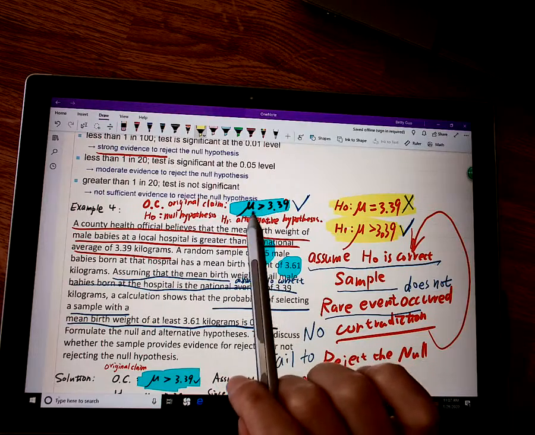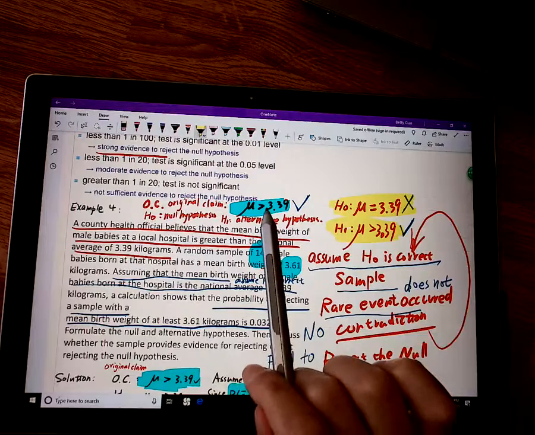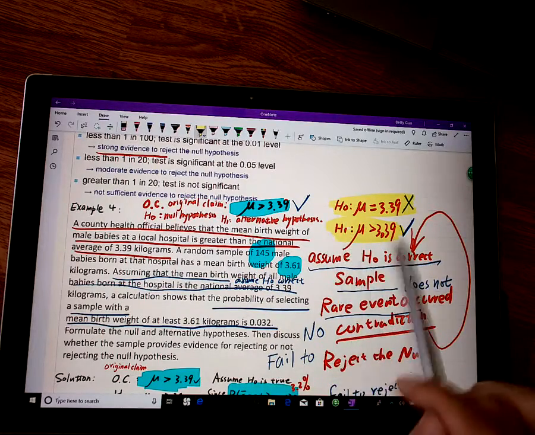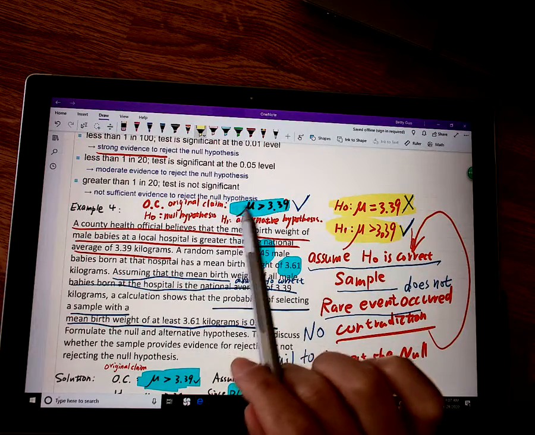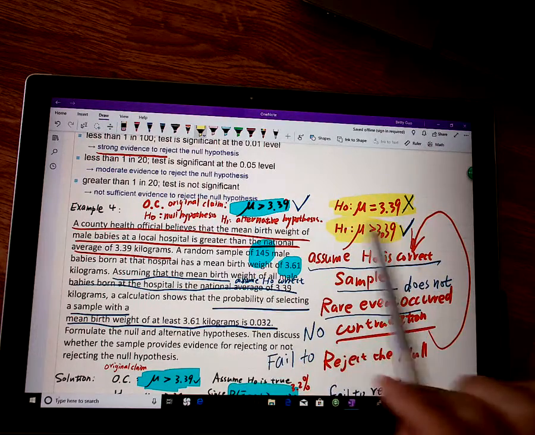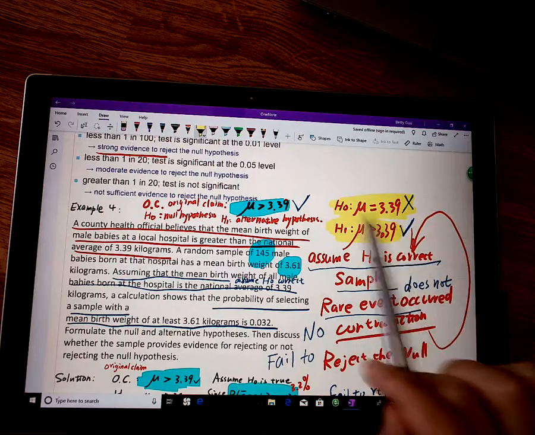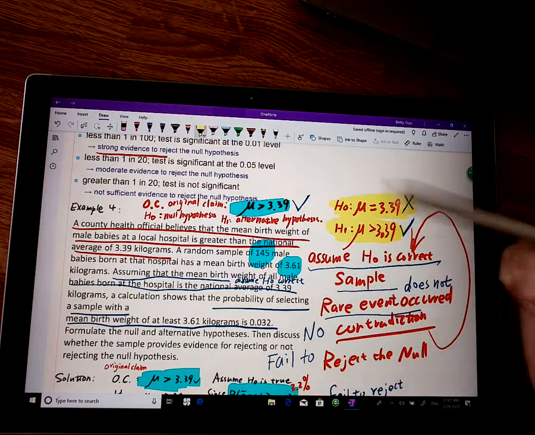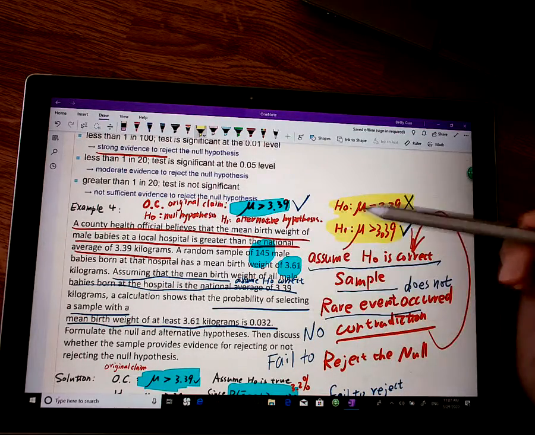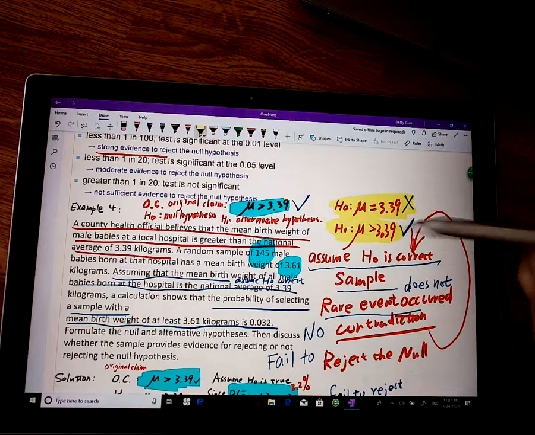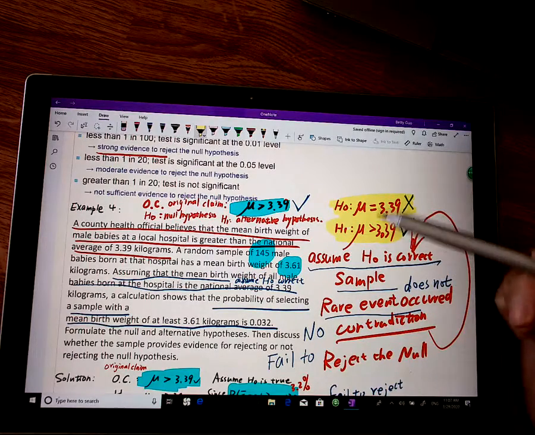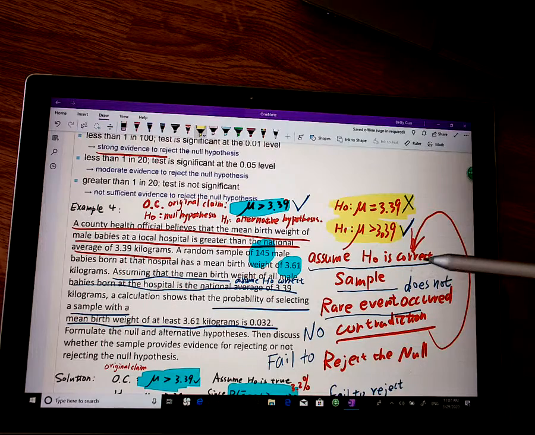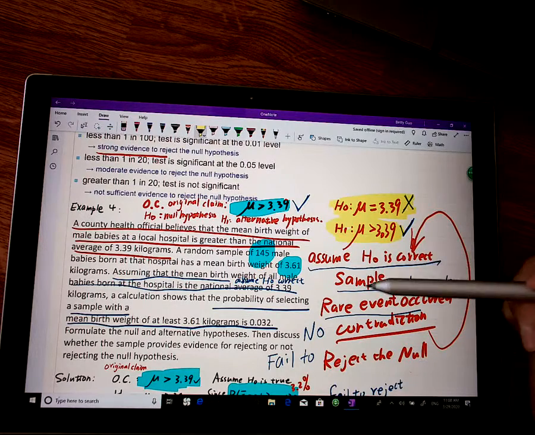If the original claim does not contain an equal sign, then the alternative always equals the original claim. The null is always equal. All right? So we have the original claim, we have a null, and we have an alternative. Now we assume the null is correct, okay? And then we got a sample.